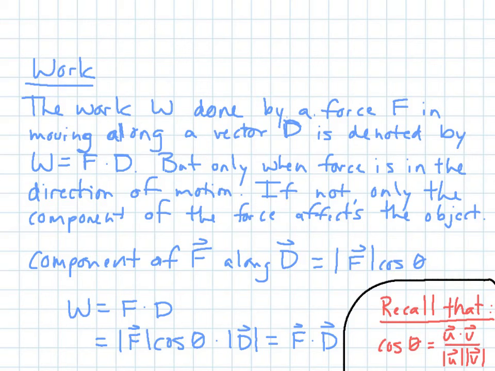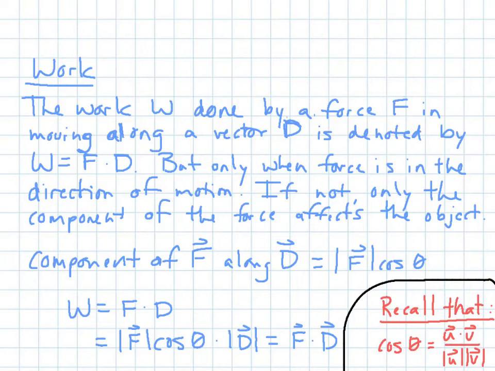So the force is kind of like just pushing down on it. Like, let's say your direction of movement is moving it east, but force is pushing it down, then force is the only thing working on it, and it's not really doing anything to it. It's not moving the object, it's just a waste of energy.